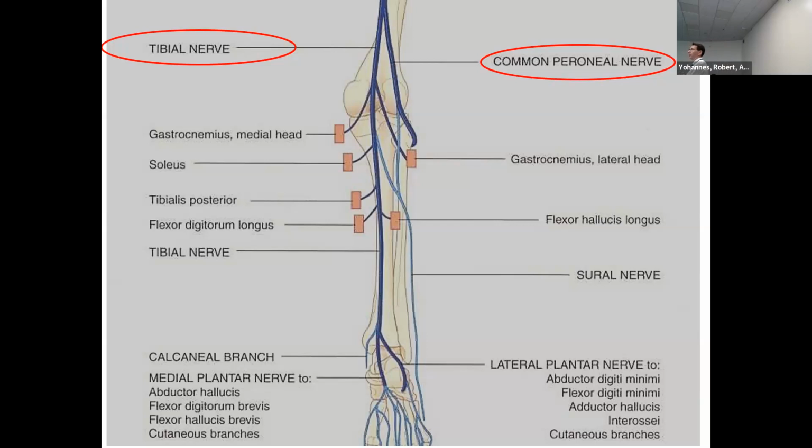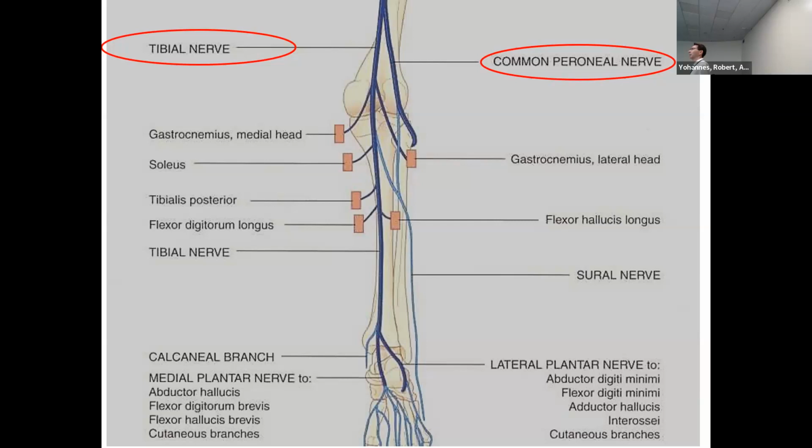As we said, the sciatic nerve is basically a forced marriage between the tibial nerve and the common peroneal nerve that get along in the thigh, but then they decide they can no longer handle this and they have to break up. And actually, if you look in the microscope, you can differentiate the two. Already in the hip, you can see that there's a separation there. But here they officially separate.